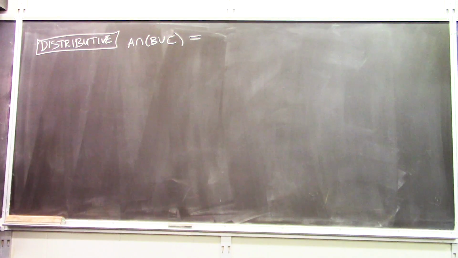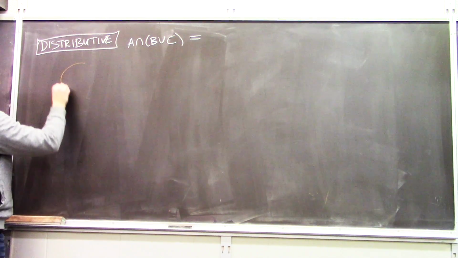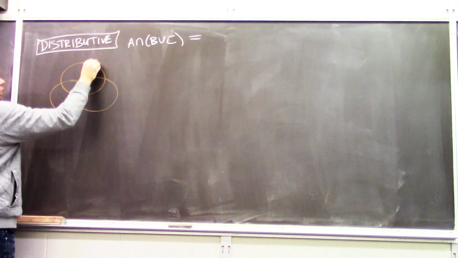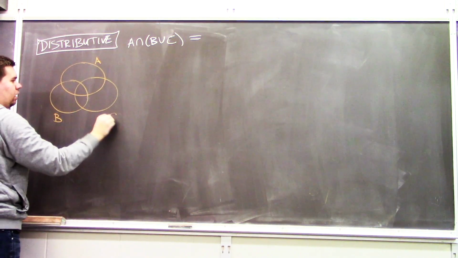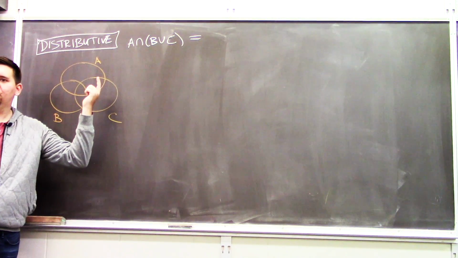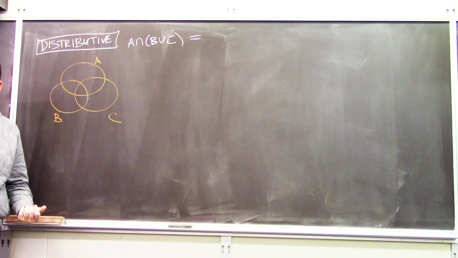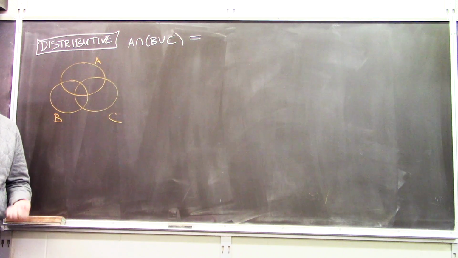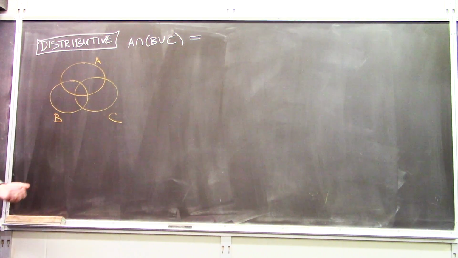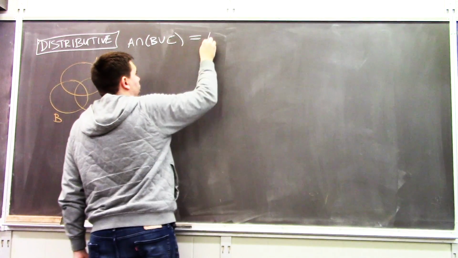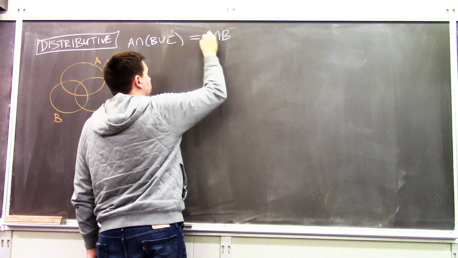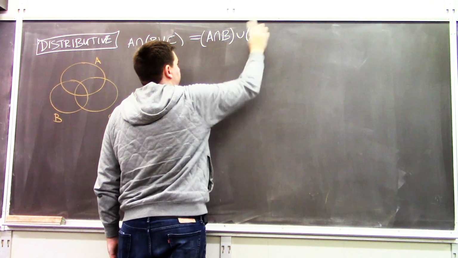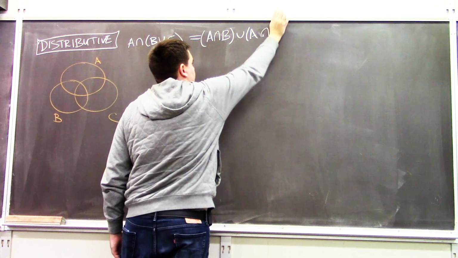Well, if it's not immediately obvious, you might say, let's try and make a Venn diagram. Here's my A, B, C. Do you have any guesses, though? That's right. (A intersect B) union (A intersect C).